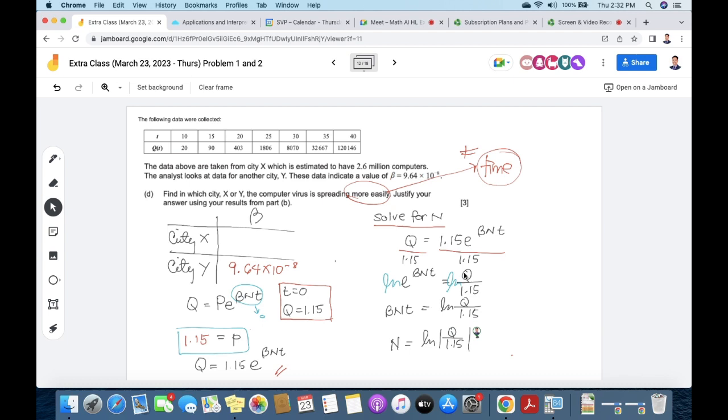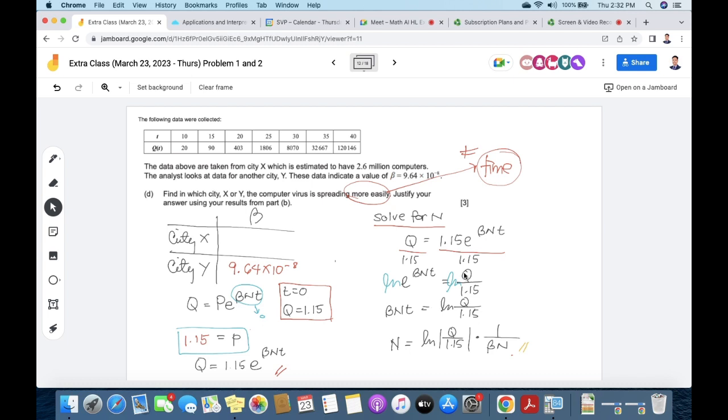Or times 1 over beta n. It's just the same thing. Do you follow? Everyone follows? Try to see first before I continue. Questions? Please ask questions. No questions? Can we proceed?